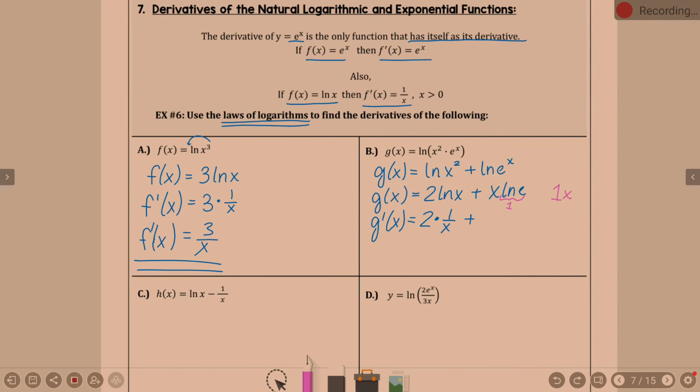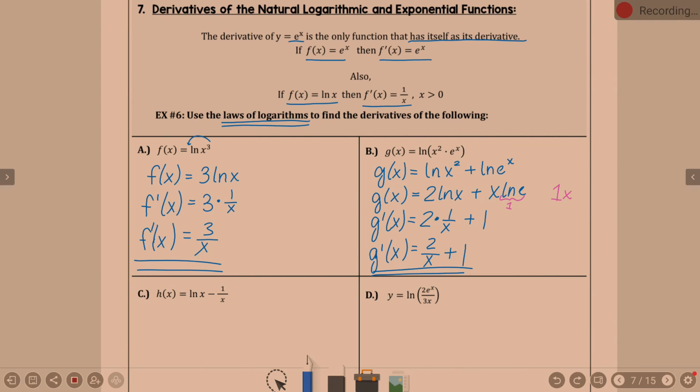What's the derivative of 1x? 1. So g prime of x, 2 over x plus 1. This is obviously going to be the hardest part of the day. Questions there?